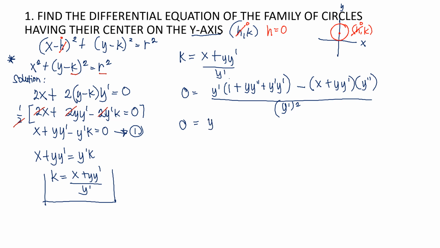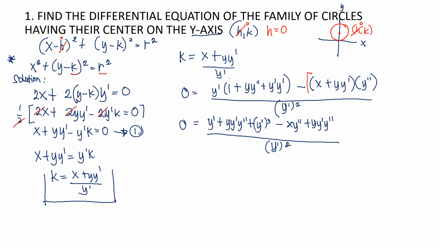So, therefore, our equation now will be y prime plus y prime cube, y double prime... plus y prime cube. Tama ba? Minus y double prime plus y prime, y double prime, all over y prime squared. So, this upper equation, we can cancel out. Okay.